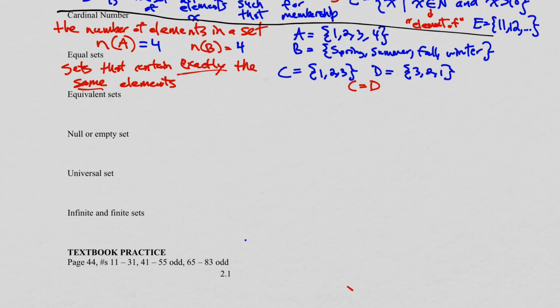Equivalent sets would be a little bit different. And equivalent sets will be sets that contain the same number of elements.